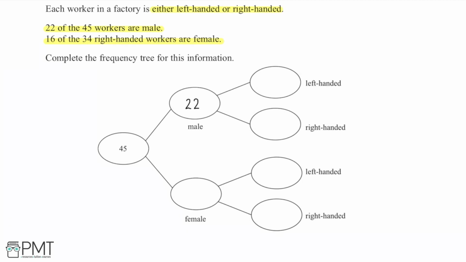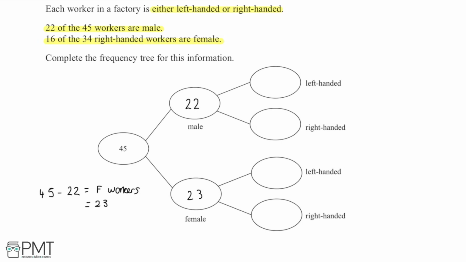Now, if 22 of the workers are male, and the male and female workers sum to the total of 45 workers, we can work out the number of female workers by taking 45 and subtracting 22, and that gives us an answer here of 23, which I can put into this box here. So now the total number of workers is 45, male plus female is equal to the total number of workers.